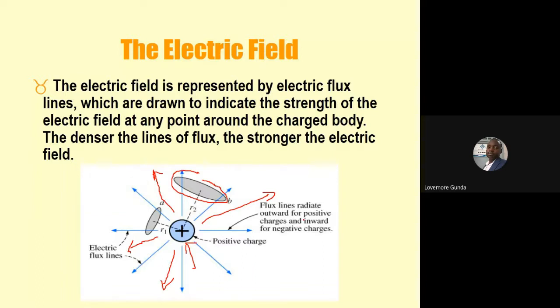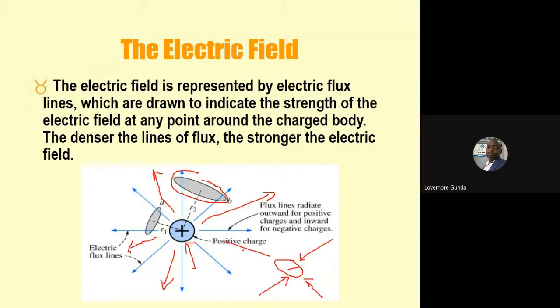So for a positive charge, the flux lines will radiate outwards.